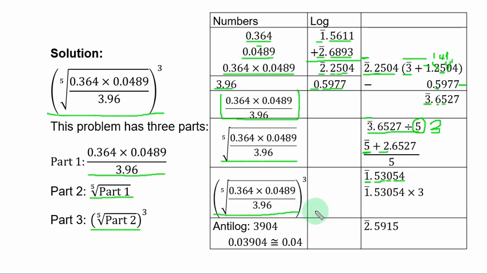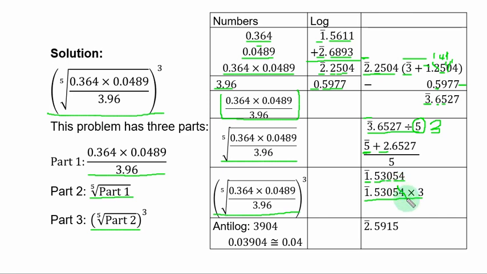So we multiply bar 1.53054 by 3. Now in log table, the table is programmed to 4 decimal places. So actually we don't need this 4. So let's start from 5 now.